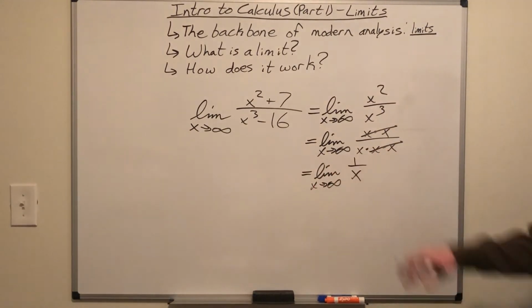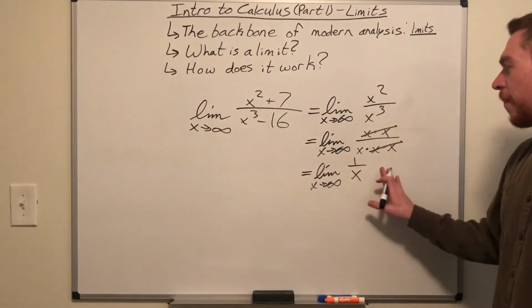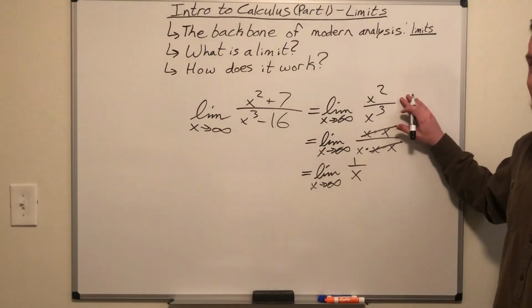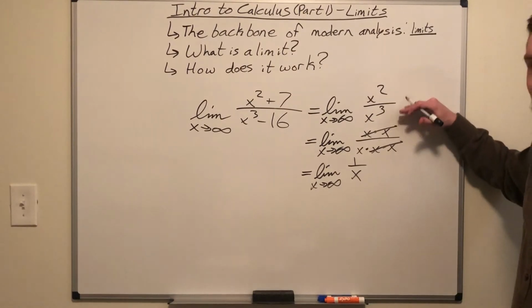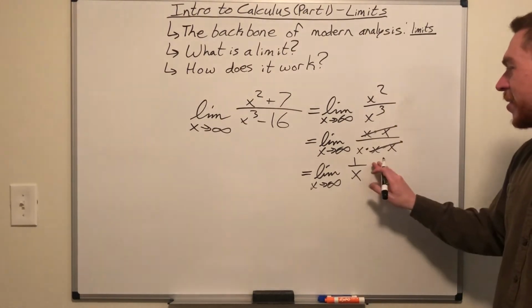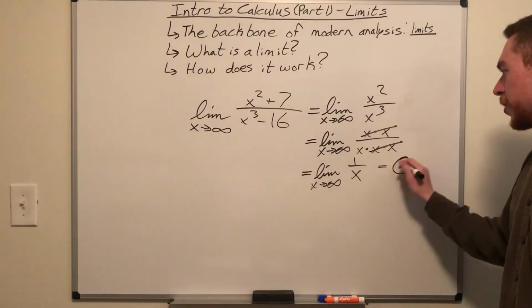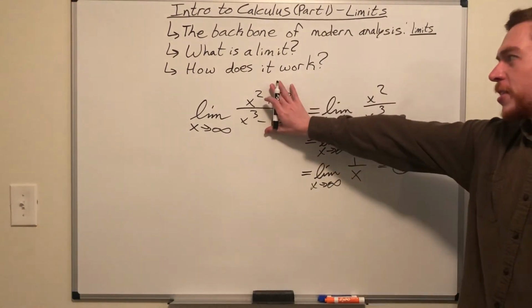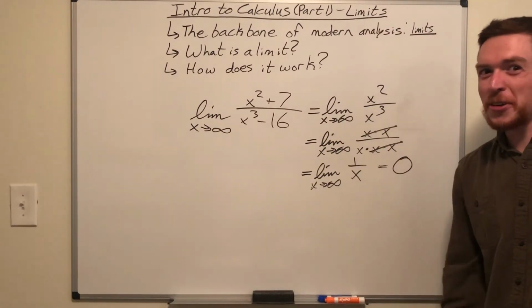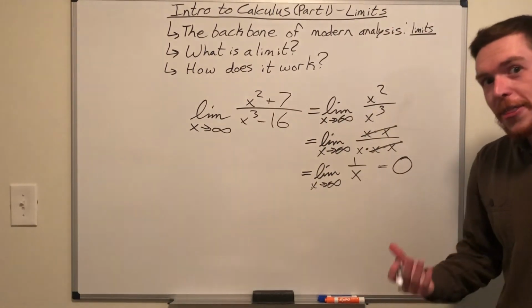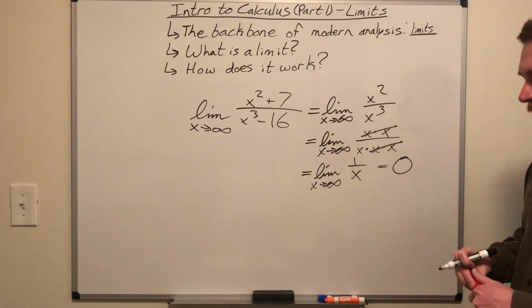And now that's something we can deal with. And you can actually do the same thing with the calculator that I said before. Just plug in like 100, a million, a bajillion, and you'll find that this goes to 0. Again, because we just ignored the constants. Those don't really matter, so let's throw them away. Let's just focus on the important stuff.